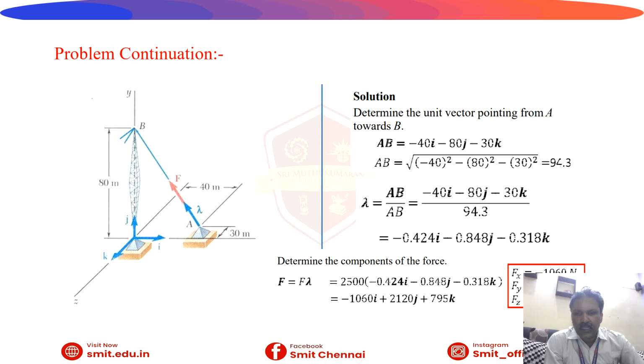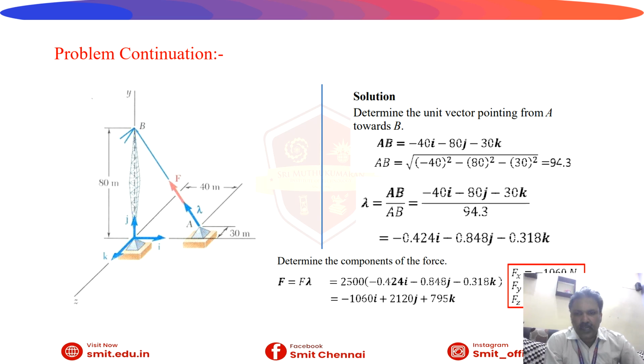Then finally applying in the vector form, we multiply that value with the unit vector, that is 2500 we got now. That value we have to multiply. That is the important step. We got it, right? Kindly go through the steps.